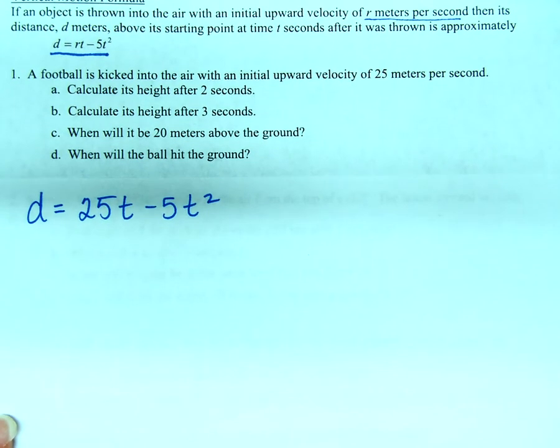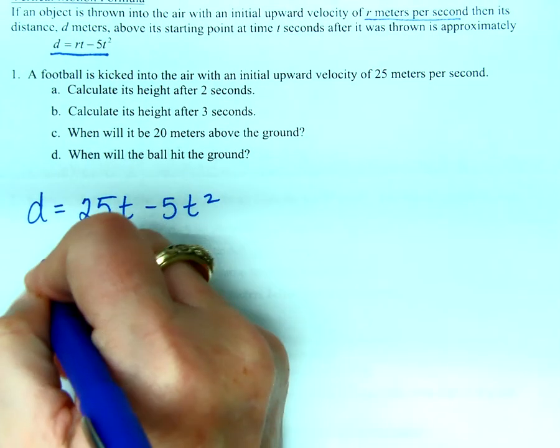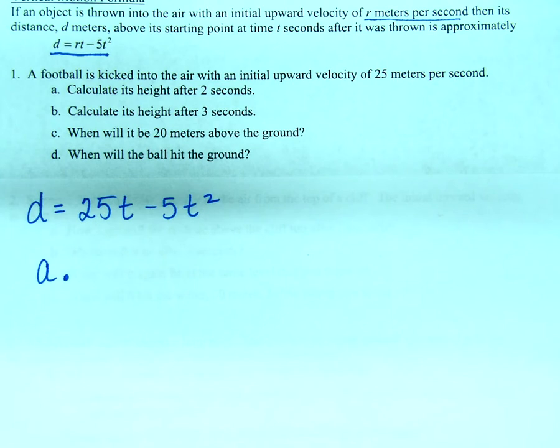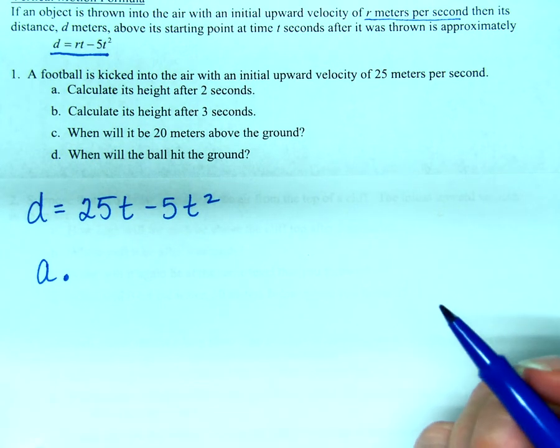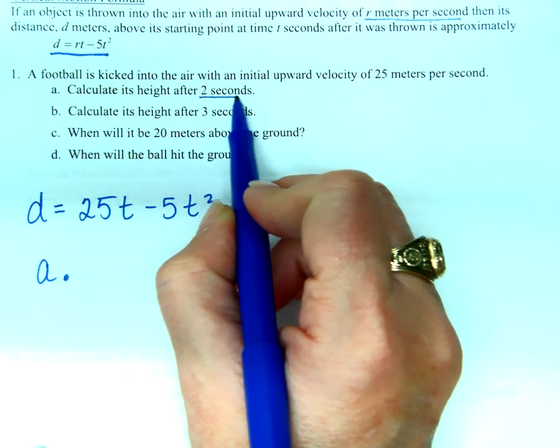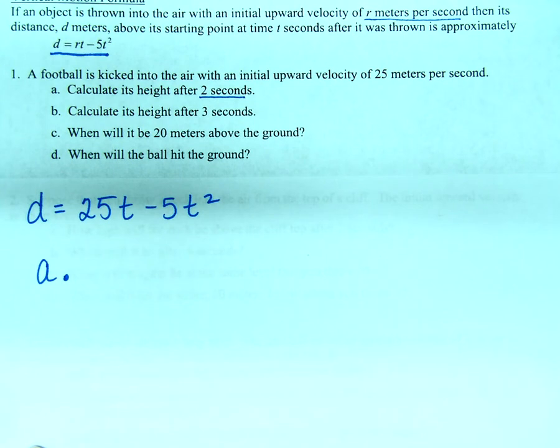So problem A. Problem A says calculate its height after 2 seconds. What am I doing? Where does the 2 go? For the t, right? Isn't t the time?